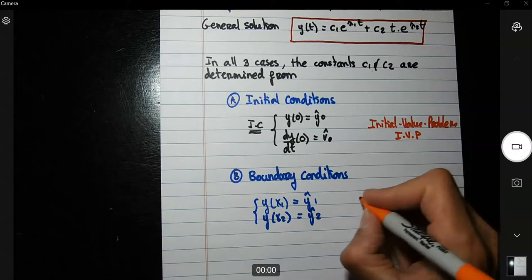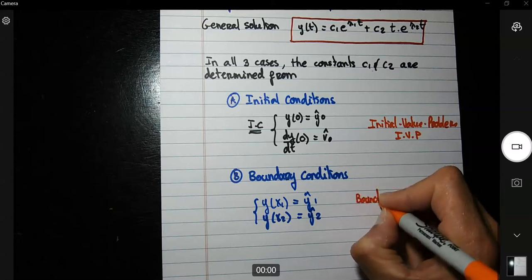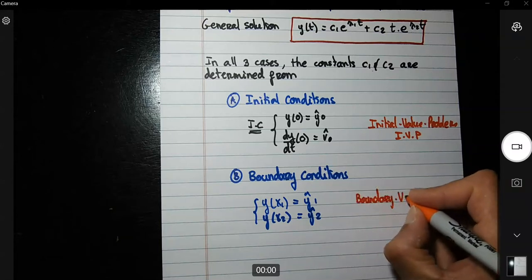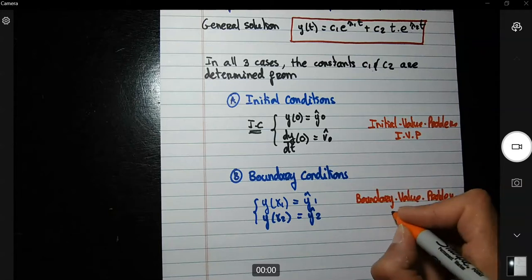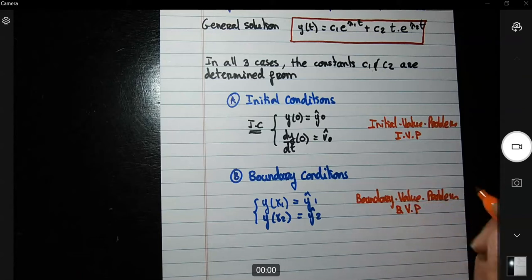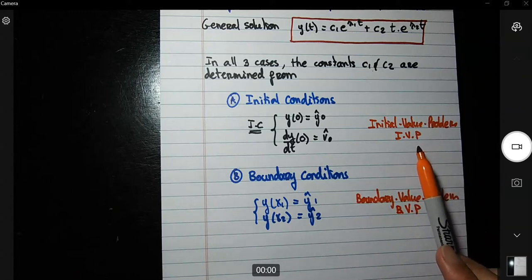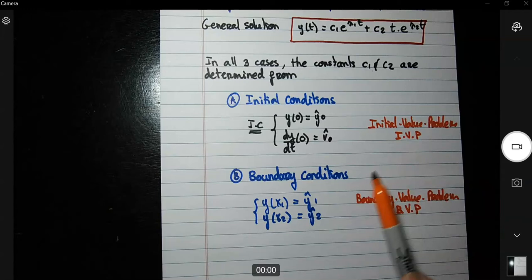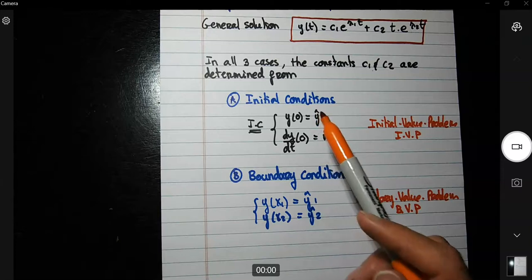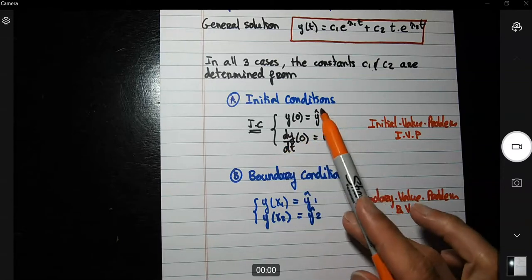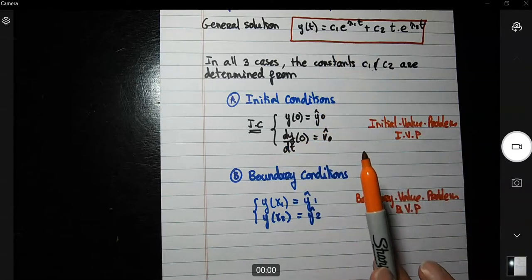And this will be a boundary value problem, or BVP. For example, the initial value problem is generally obtained for vibrations. For the boundary condition, let's say you need to calculate the deformation. In this case, you need to know the deformation at two different points, so you can obtain the values of the constants C1 and C2. But the procedure is the same. Basically, you need to have some conditions in order to determine the constants C1 and C2.